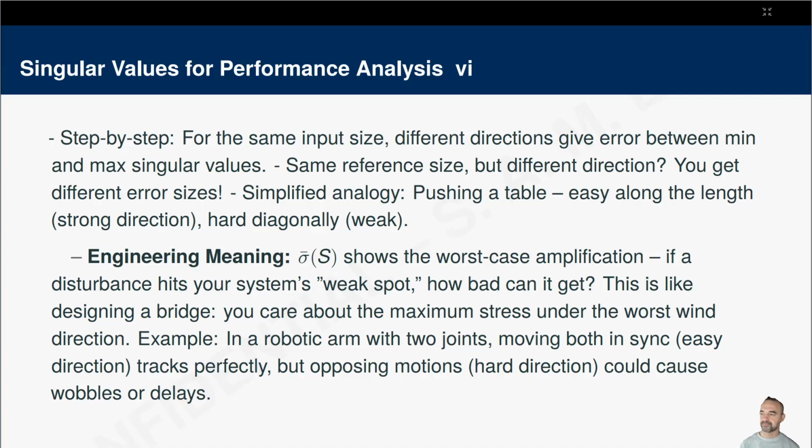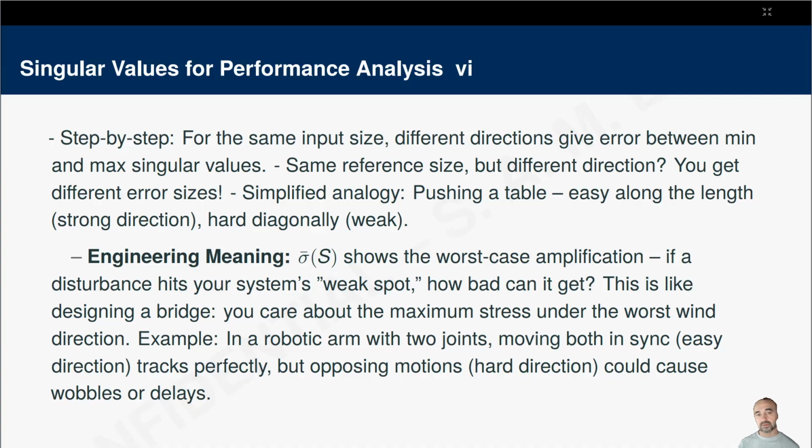Let's think about the engineering meaning of this statement. Sigma bar shows the worst case amplification. If a disturbance hits your system's weakest spot, how bad can it get? This is like designing a bridge.